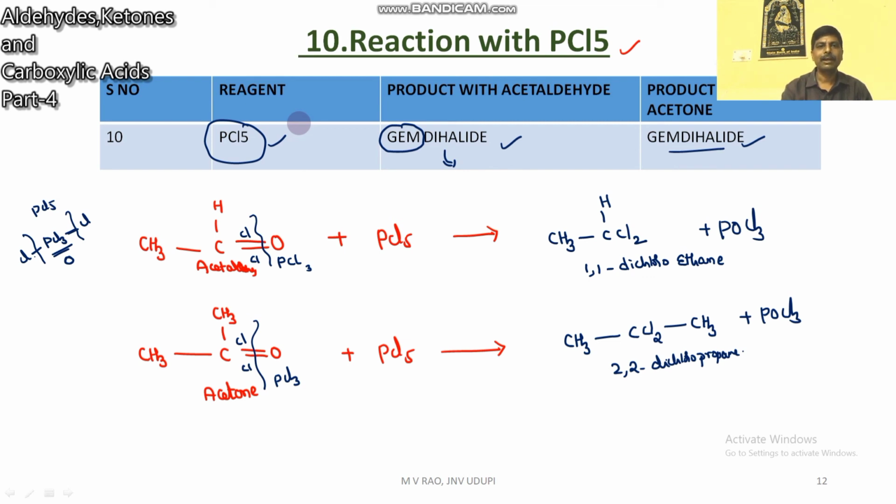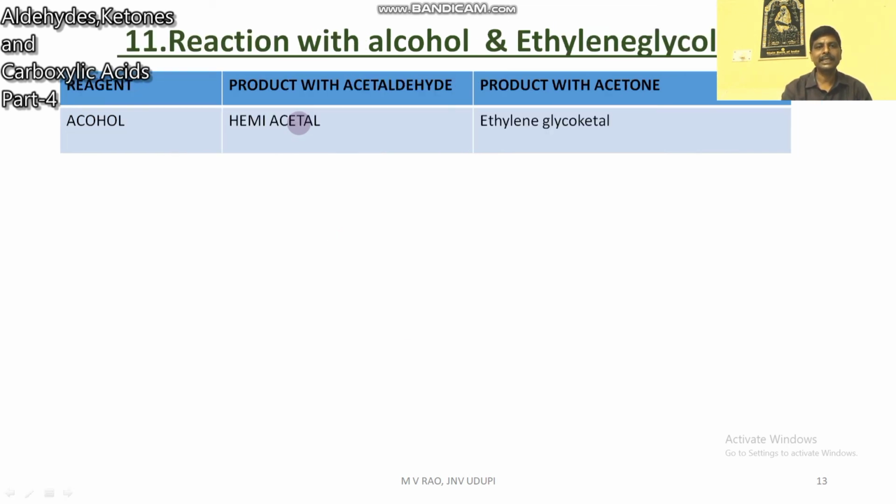Next, the last reaction in addition reactions is the reaction with alcohol and with ethylene glycol. This is CH3 C double bond OH, acetaldehyde, plus C2H5OH. What is this? Ethanol, ethyl alcohol.